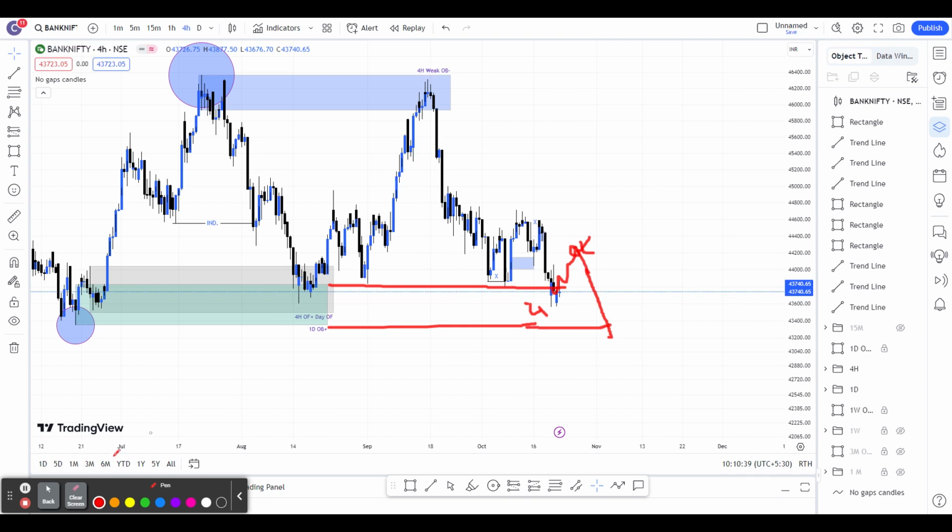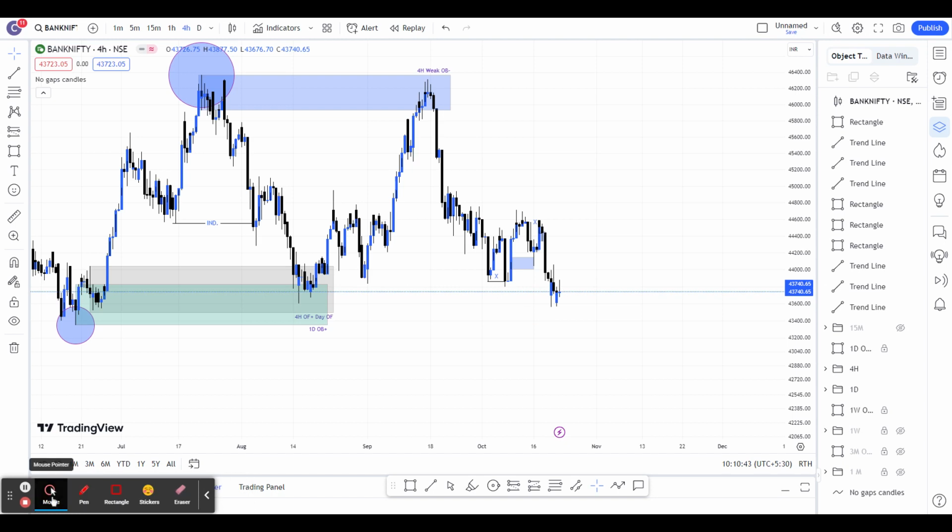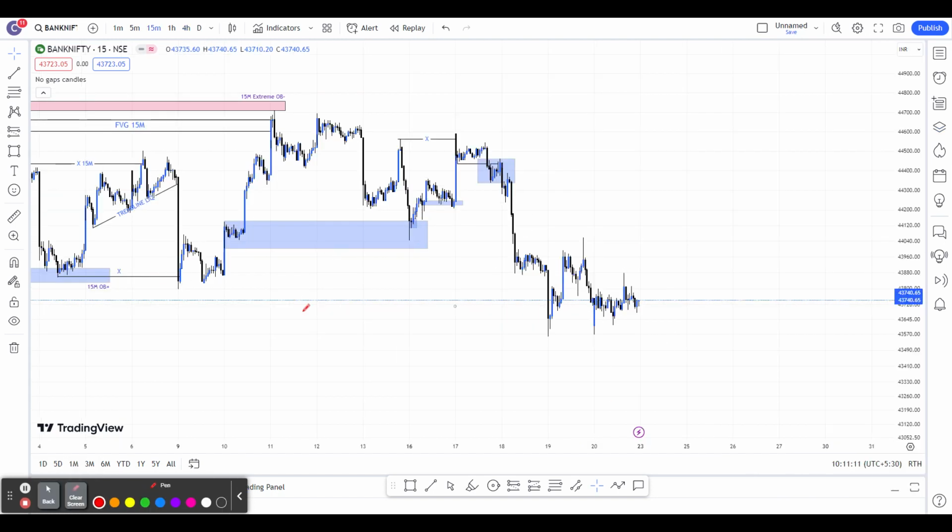Coming to the 15-minute structure for the weekly analysis, this is our 15-minute structure. Okay guys, and this is our break of structure to the downside. Now when you see this, this is again a liquidity sweep, until the market closes below it.